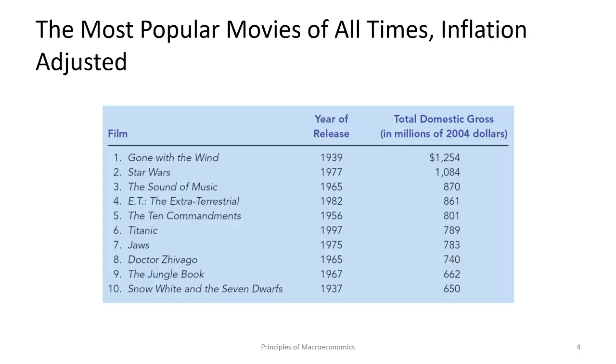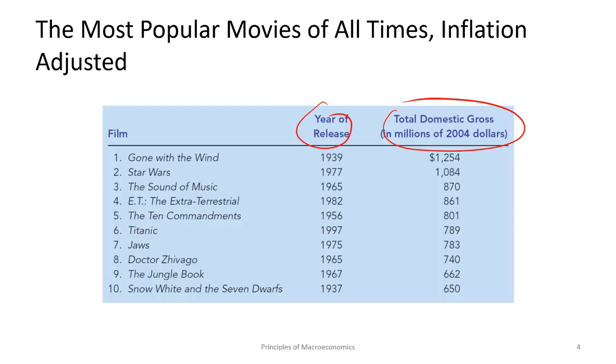So we just learned how to use the formula that I presented before to convert something in earlier years into today's terms. That's exactly what we have done to look at the most popular movies of all time, inflation adjusted. All these numbers are in 2004 dollars, which is today's dollars, but these movies were released at different times.